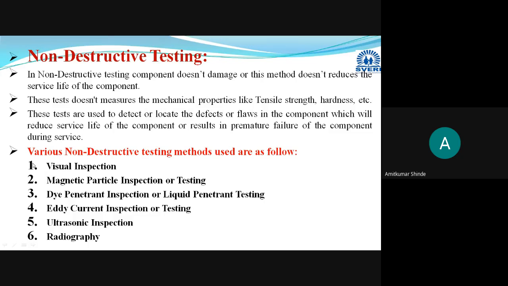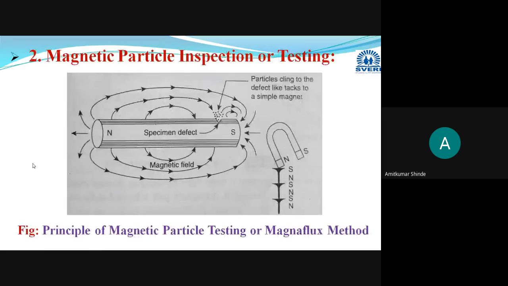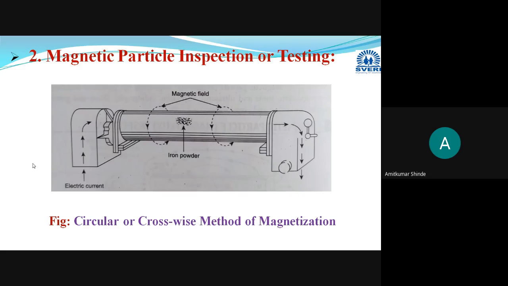The first is the visual inspection. That part we have completed: which kind of defects can be detected in visual inspection, and how they will be detected. And then in the magnetic particle inspection, we started with the concept of magnetic particle inspection, then the different types of magnetization, and which type of cracks can be located with the help of the different types of magnetic particle inspection.